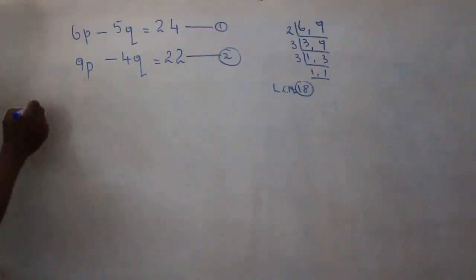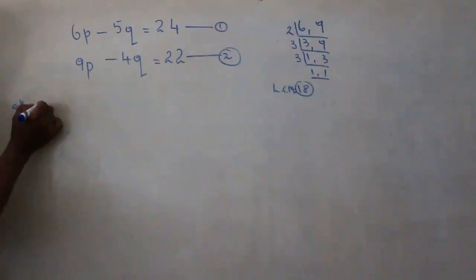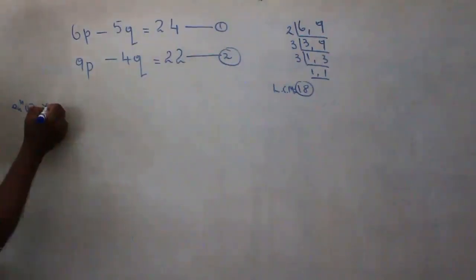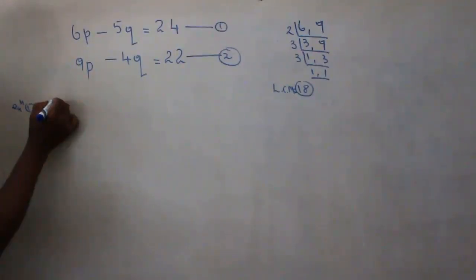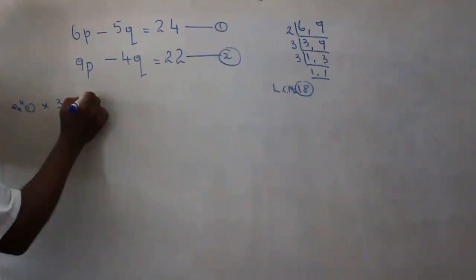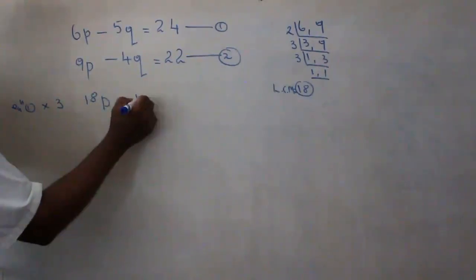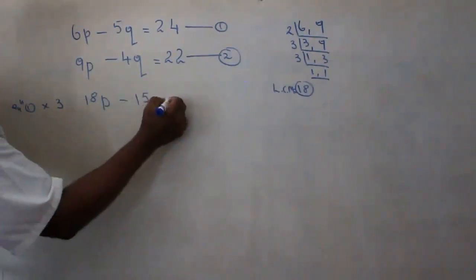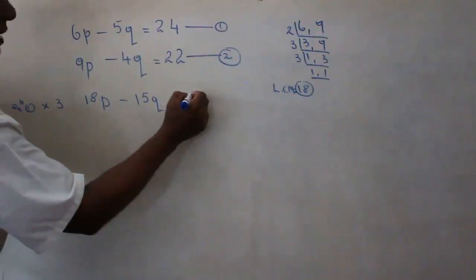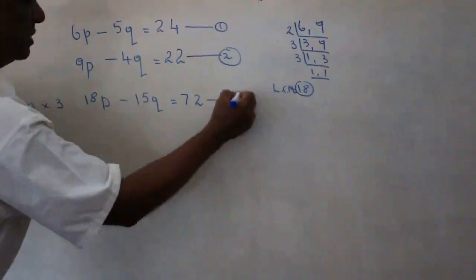I will take equation 1 and multiply it by 3. When you multiply equation 1 by 3, this will become 18p minus 15q, and that will be 72. That will be equation 3.